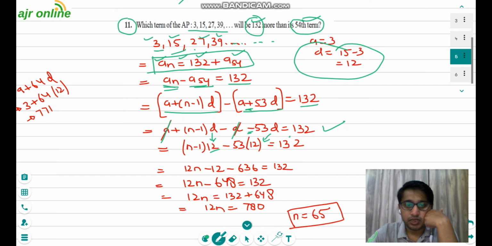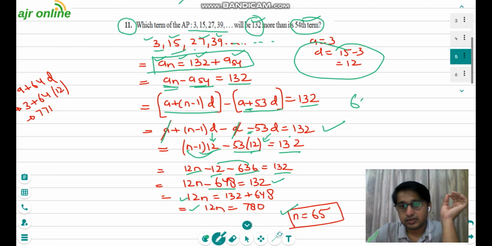So we have put d value over here, and then it will become 12 and minus 12. We have opened the bracket, 12 and minus 12, 53 into 12 is 636, equal to 132. Okay, and then we have added 636 plus 12, it will come out to minus 648 equal to 132, and then we will solve it, we will get n equal to 65.